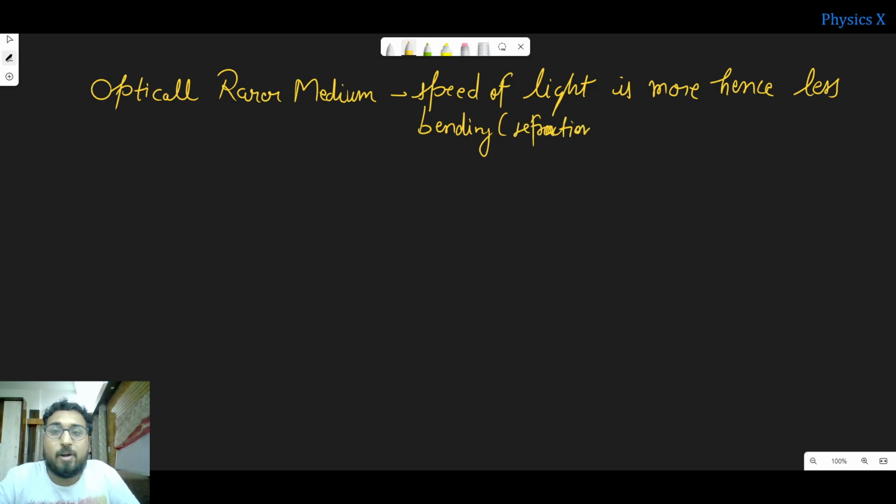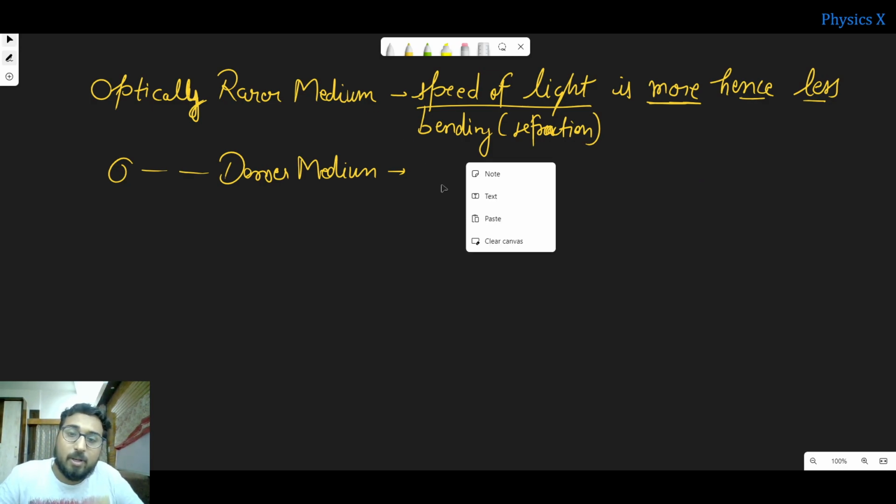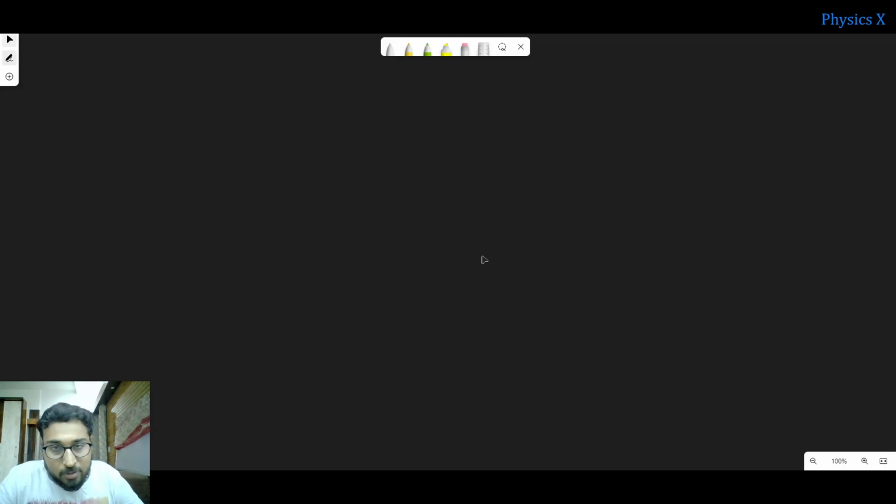Understood? And vice versa, you can write for the optically denser medium: in an optically denser medium, the speed of light is less, hence more bending, so that you can now clearly see. This is your conclusion.